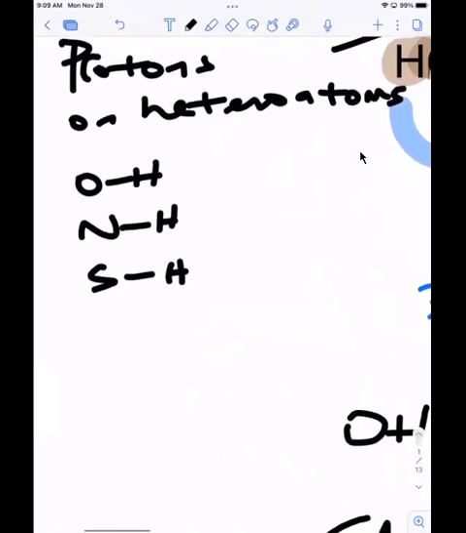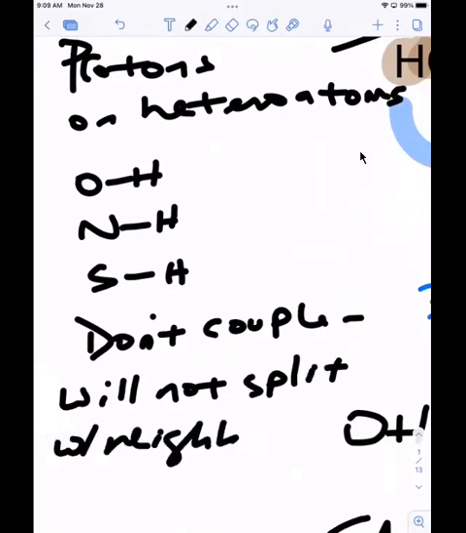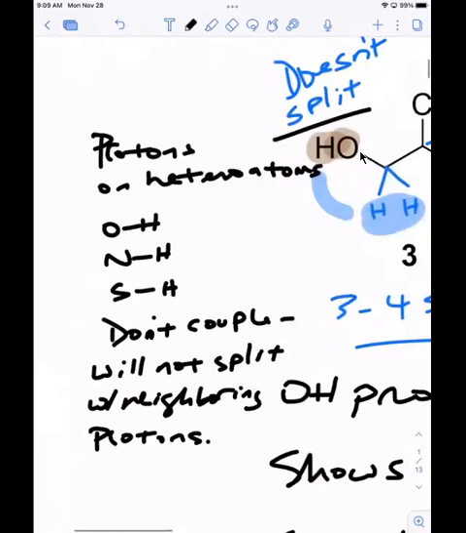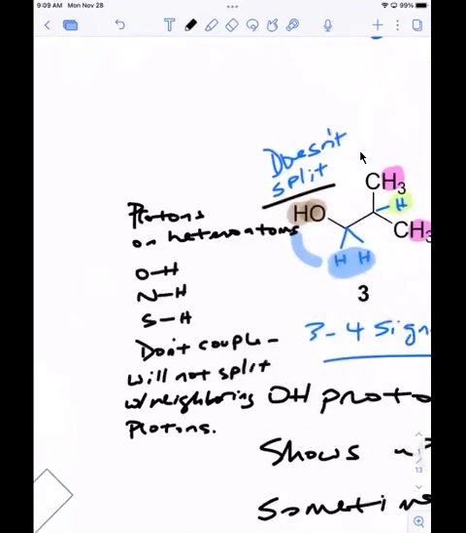So if it's on a heteroatom, they don't couple. Right? So that's why it's a singlet, even though it has 2 protons adjacent to it. It's a singlet because the hydrogen is on what we call a heteroatom, it's not going to couple.